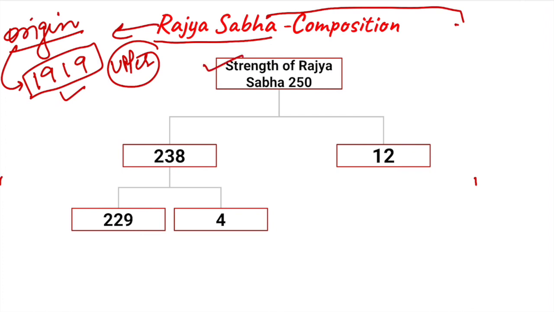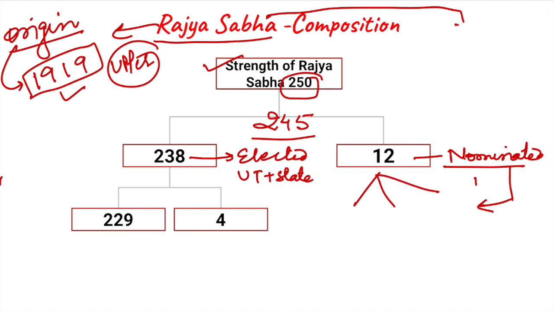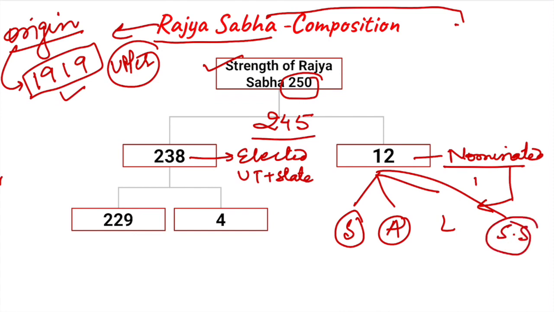Basically, the maximum strength of the Rajya Sabha has been fixed at 250, but today the strength of the Rajya Sabha is 245. Of this, 238 represents elected members from union territories and states, and 12 represents nominated members, and these nominated members are nominated by the President by virtue of their excellence in science, art, literature, and social service.